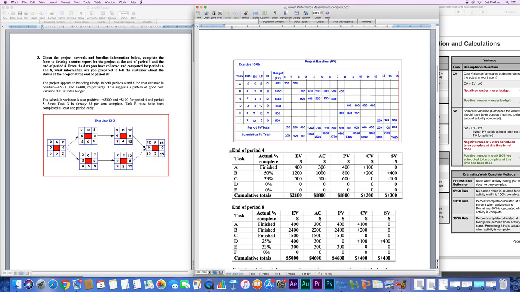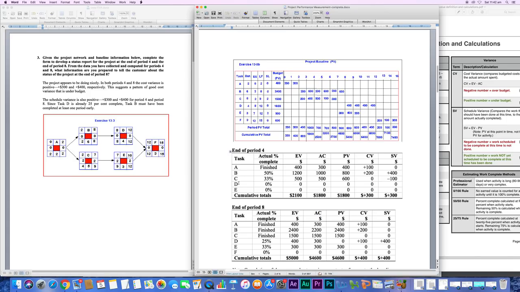So 400 minus 400 is 0. 1,200 minus 800 is 400. 500 minus 600 is minus 100. So we're having a slight problem with activity C in terms of schedule. The total for this period is still positive. However, sometimes we don't look at the total only. We can predict some problems if we have an indication of what activity is not doing well.